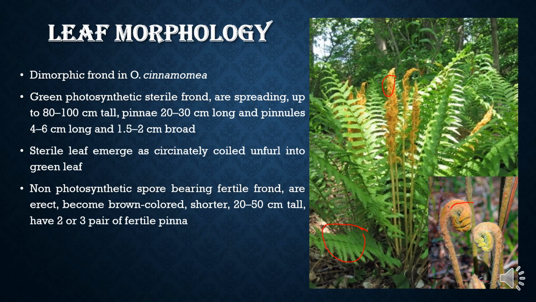They do not have lamina, and the main difference we see is both in morphology as well as function. The fertile leaves' main function is reproduction, while the sterile leaves' main function is photosynthesis. In this diagram, these are the fiddleheads, the young form of the sterile leaves. The fertile leaves are borne erect and straight, even in young condition.